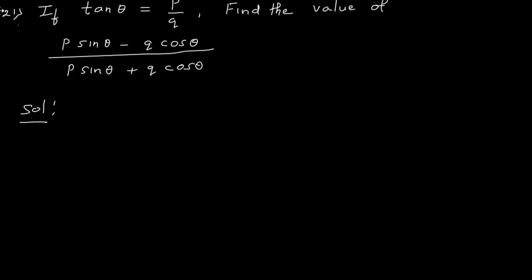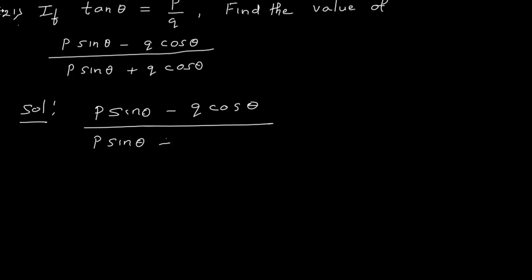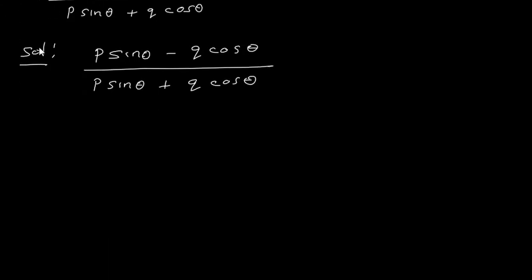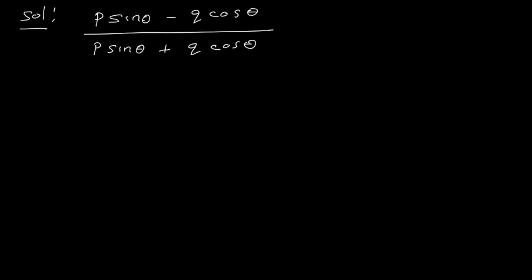So first we will write what is given. We have to find the value of P sin theta minus Q cos theta whole divided by P sin theta plus Q cos theta. We will divide numerator and denominator by cos theta.